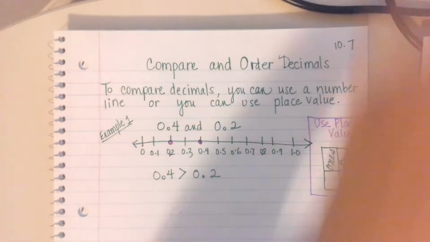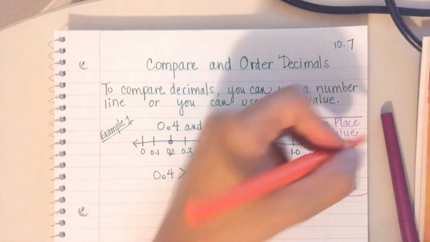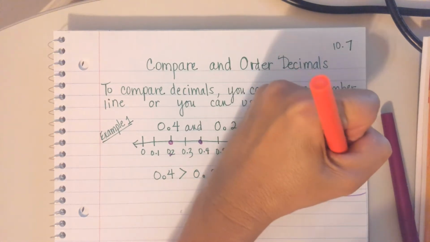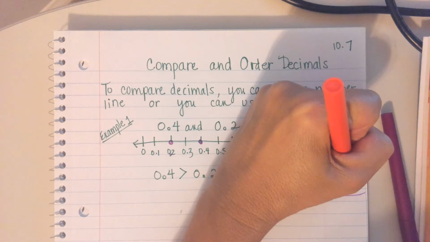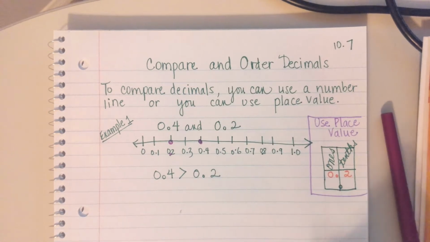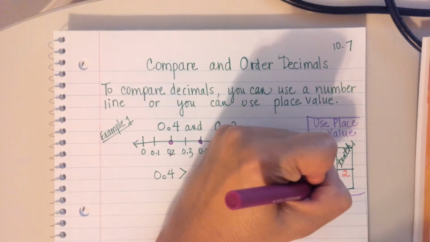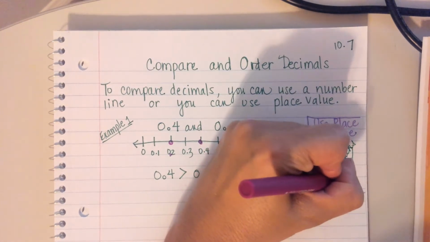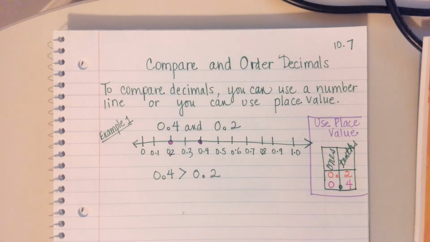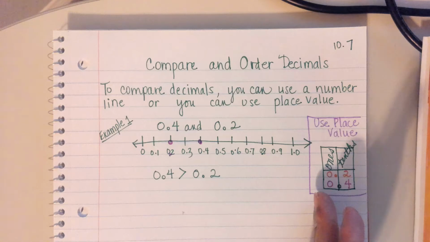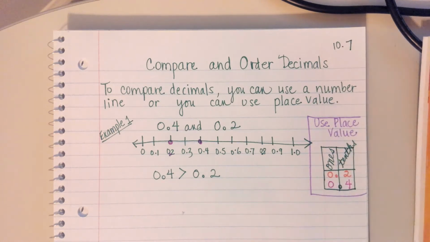Okay, well, we'll start with 2/10, no ones, 2/10. And we've got 4/10, 0 ones, 4/10. You lined up your digits. We have nothing in the ones place. We have 2 in the tenths place and 4 in the tenths place.